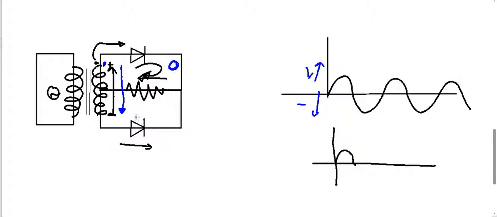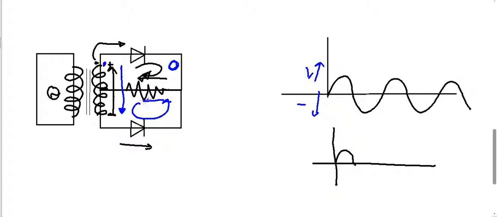Now in the other loop, because this is at a higher potential, the P side is connected to the relatively positive side, which means this is forward biased. When there is a forward bias, the current will flow through it, so current will flow in this direction.